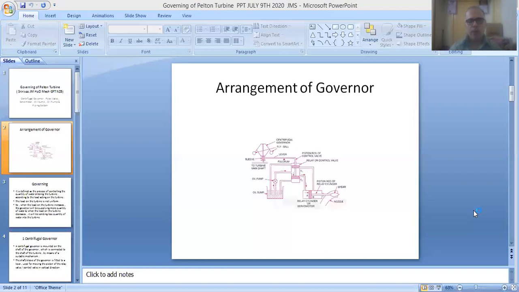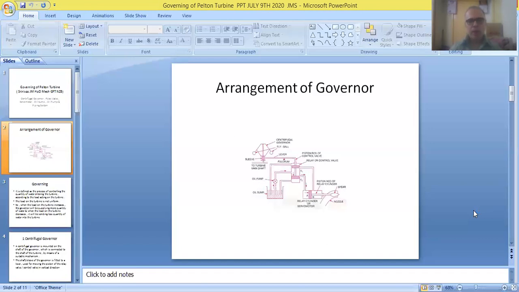For moving the piston of the servomotor in the forward direction, the relay valve will be supplying high pressure oil from the left hand side of the servomotor.